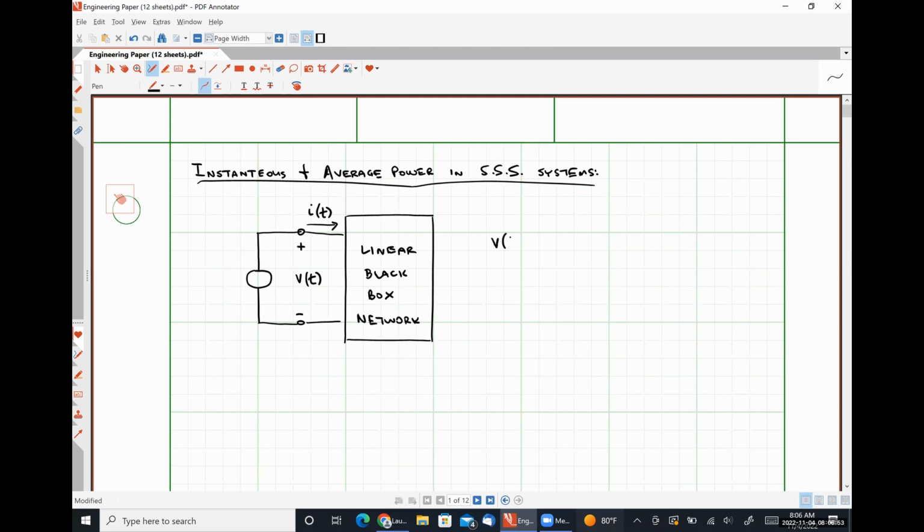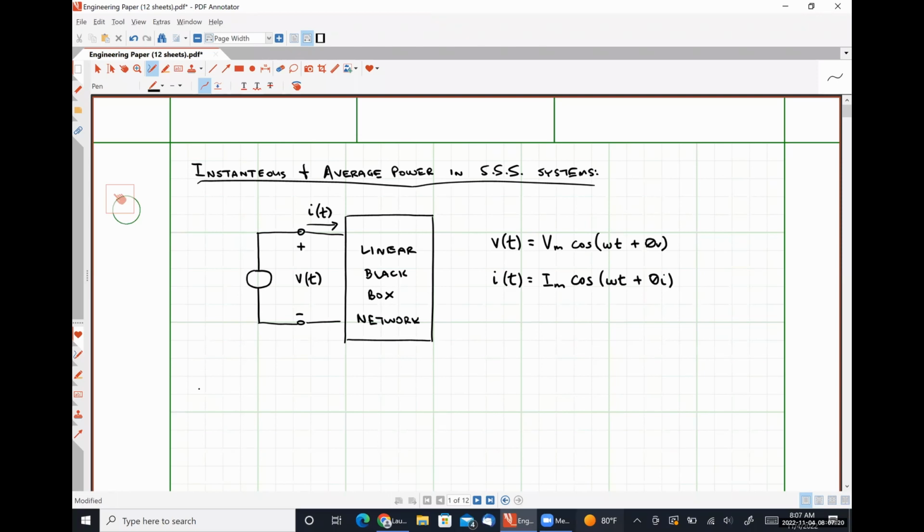And let's state specifically that v(t) is of the form Vm cosine(omega t plus some phase angle theta v), and i(t) will be of the form Im cosine(omega t plus some phase angle theta i).